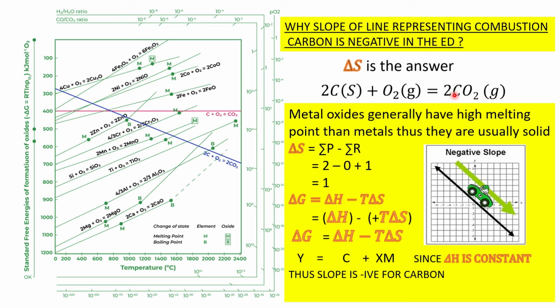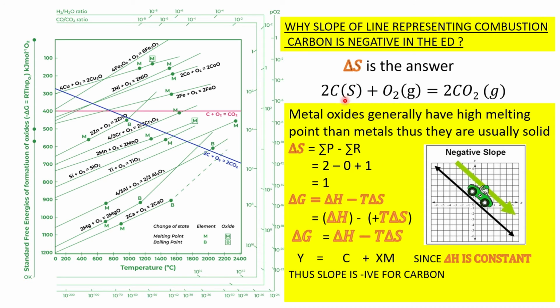Here you can see the stoichiometric coefficient with the gas is 2. You can write 2 here, minus 0 plus 1, because this is solid, that will give you the plus 1 value. If you put this plus 1 here, see delta H is here, minus is here, you can write plus 1 here. So plus and minus is minus. Here minus sign is there along with this T delta S. That means your slope is negative, right?